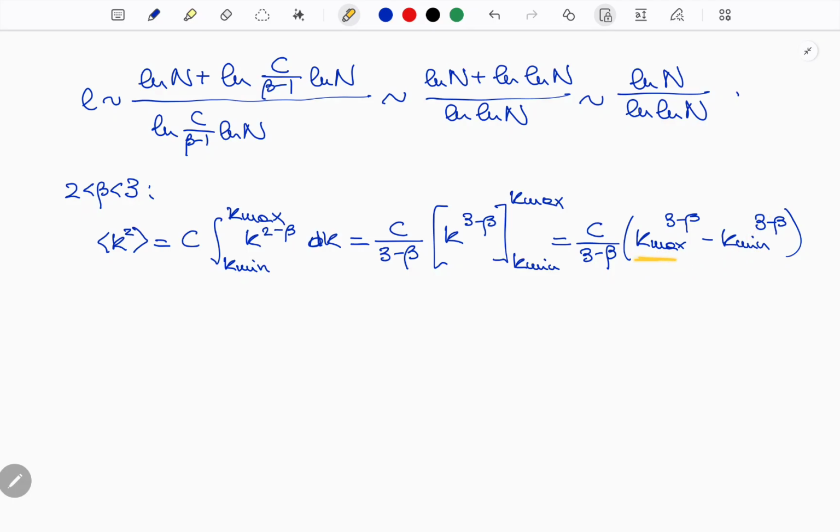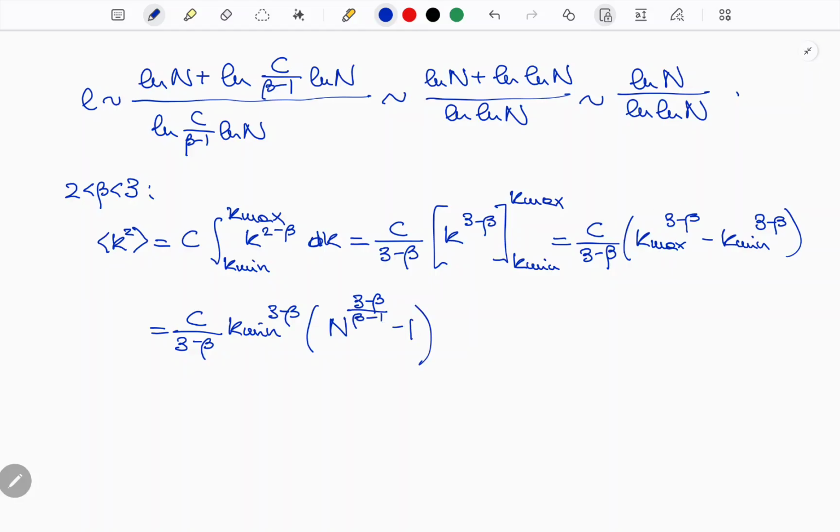So what I'm going to do now is to substitute the expression of this part here. So now I'm going to write that k max. This is going to be equal to c over 3 minus beta, and now I'm going to substitute. When I substitute, I obtain k min to the 3 minus beta, and then n to the power of 3 minus beta over beta minus 1, and then a minus 1, okay?